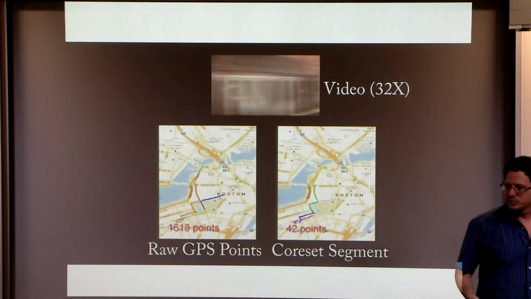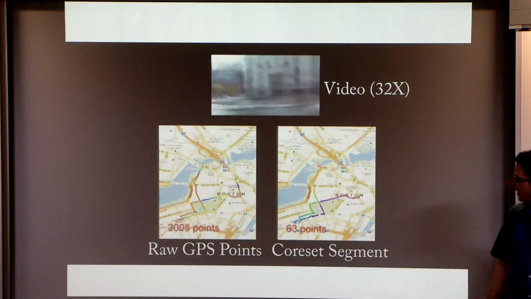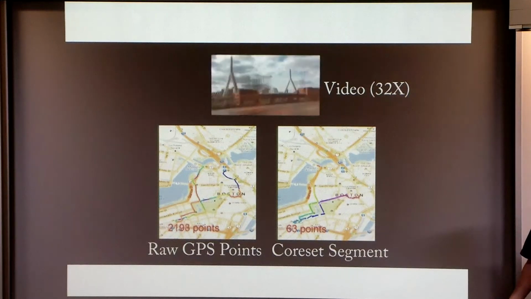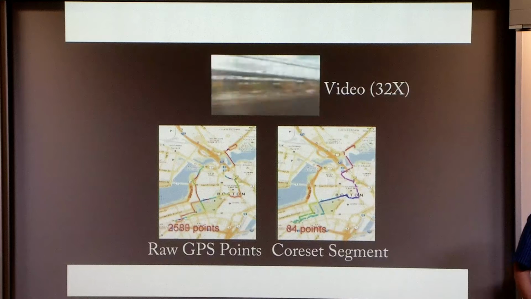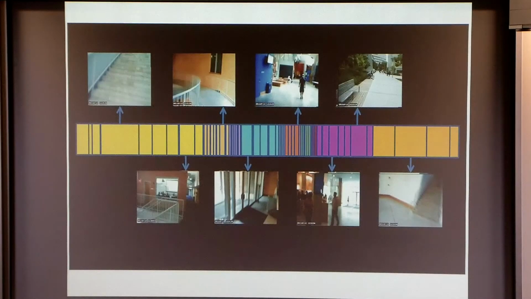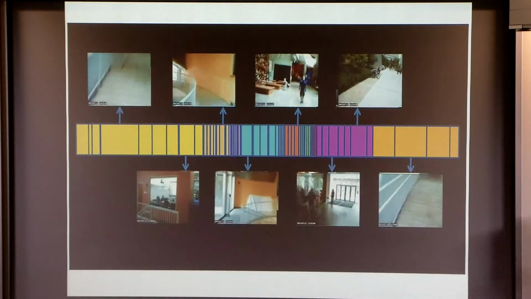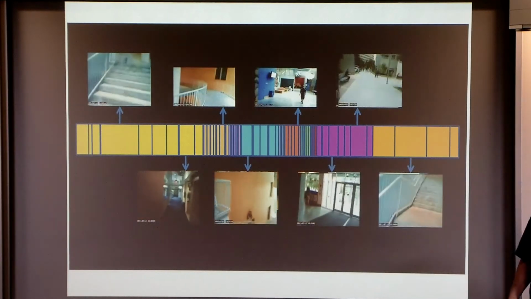And in real time, we need to decide which points to send to the server. One of the challenges is that not only do we want to compress the data, but we need to do it in real time and from streaming data. And later we had to do the same with video. So we have a lot of videos and we want to partition them into different scenes.